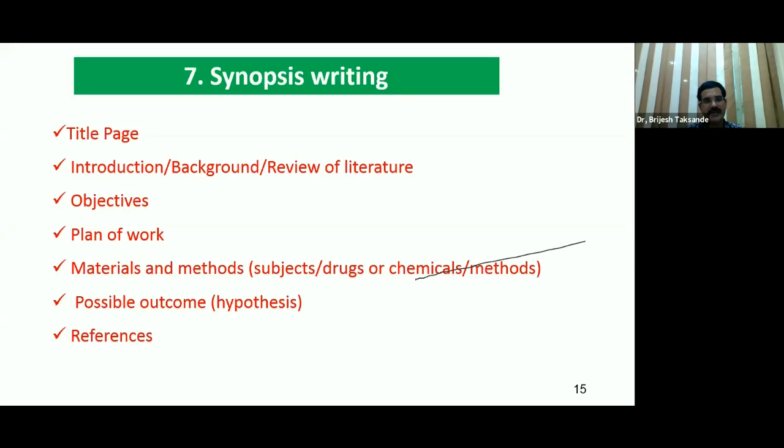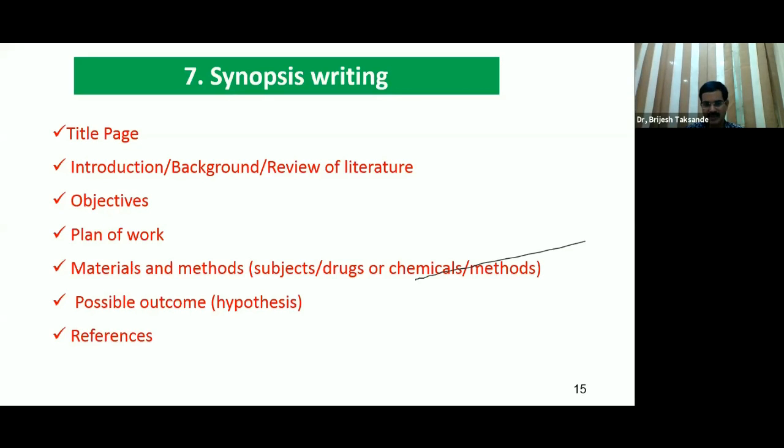Then you have to provide the materials and methods. More specifically, if you belong to pharmacology, then you need to mention the subjects, whether you are using mice or rats. Then drugs, which chemicals you are using, which methods you are using, and you need to give the possible outcome, and this possible outcome should end or should begin with your hypothesis.